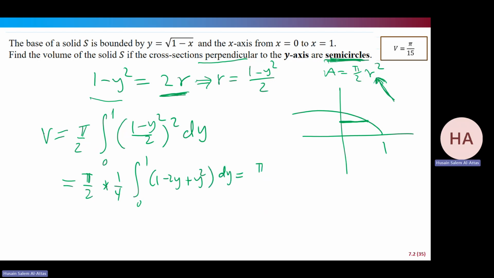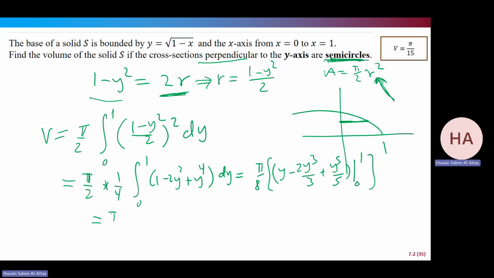That gives me pi over 8 times y minus 2y cubed over 3 plus y to the power 5 over 5, from 0 to 1.